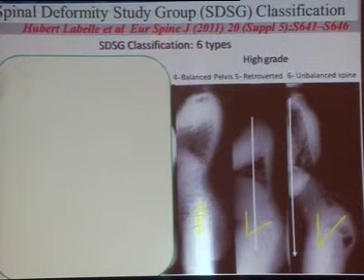Whereas if you look at the high-grade listhesis, and again I won't go into details, but just take you through in a summary manner. If the pelvic incidence and the pelvic tilt are well balanced, then it's a balanced pelvis, and all that you do, even if it is a grade 3 listhesis, is to do an in situ fusion, and you'll be fine.